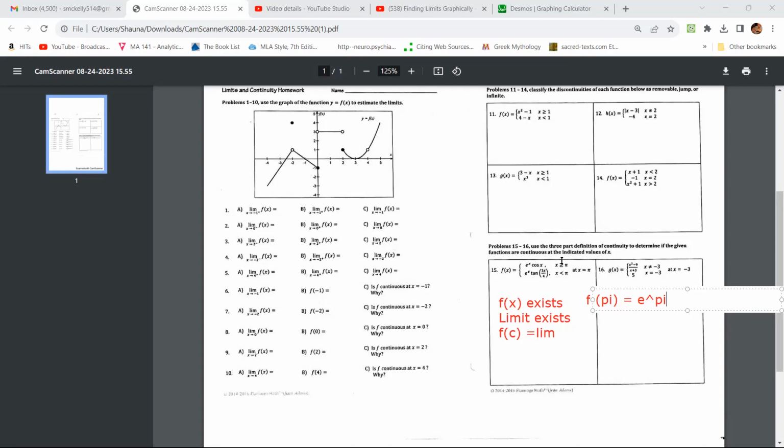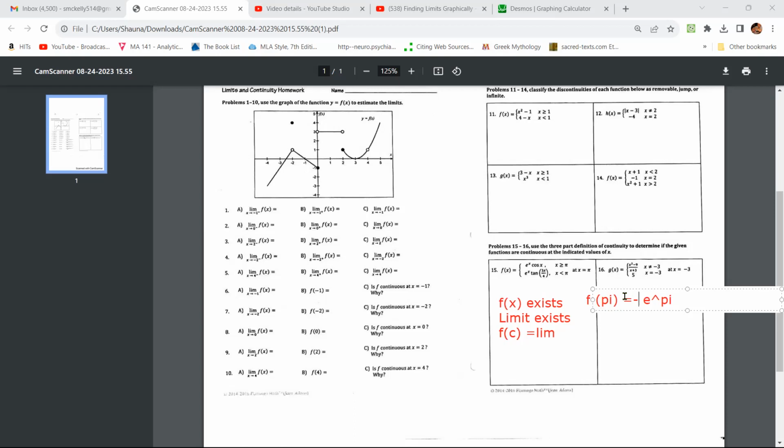E to the pi times -1, so this would be negative e to the pi. The point is that that's defined as negative e to the pi. That's the value of my function.